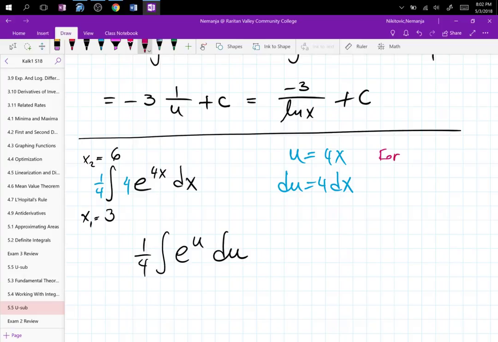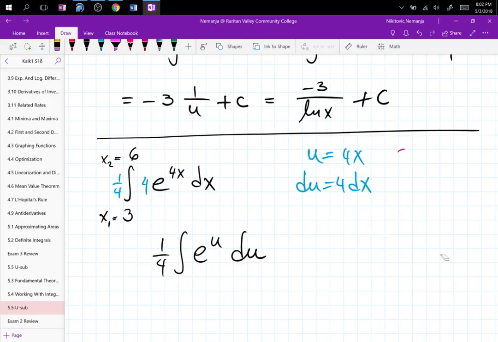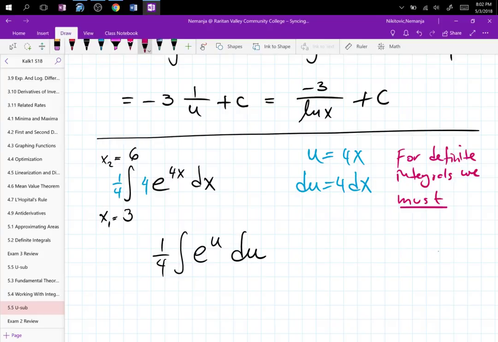So for definite integrals, we must transform limits of integration.